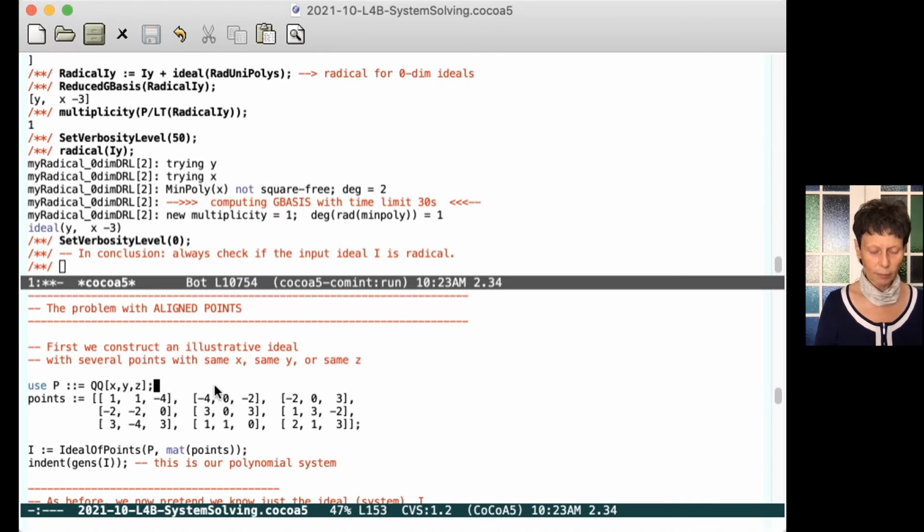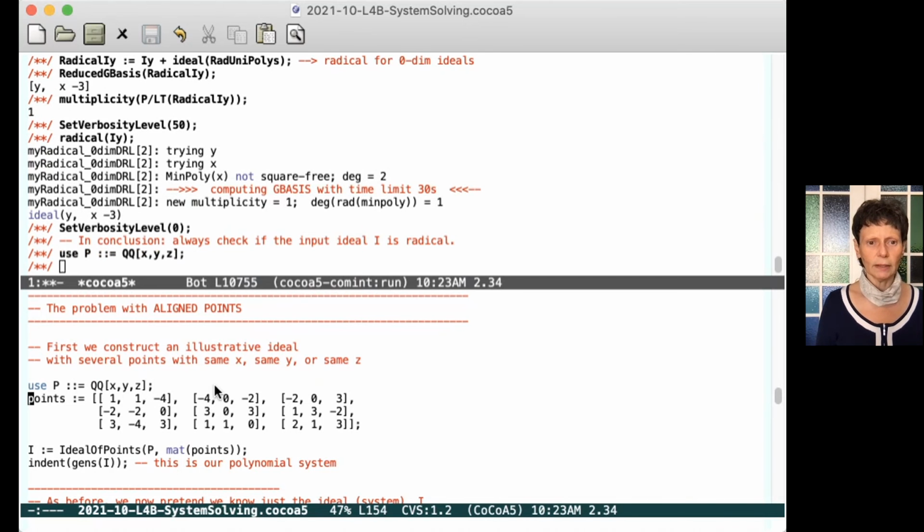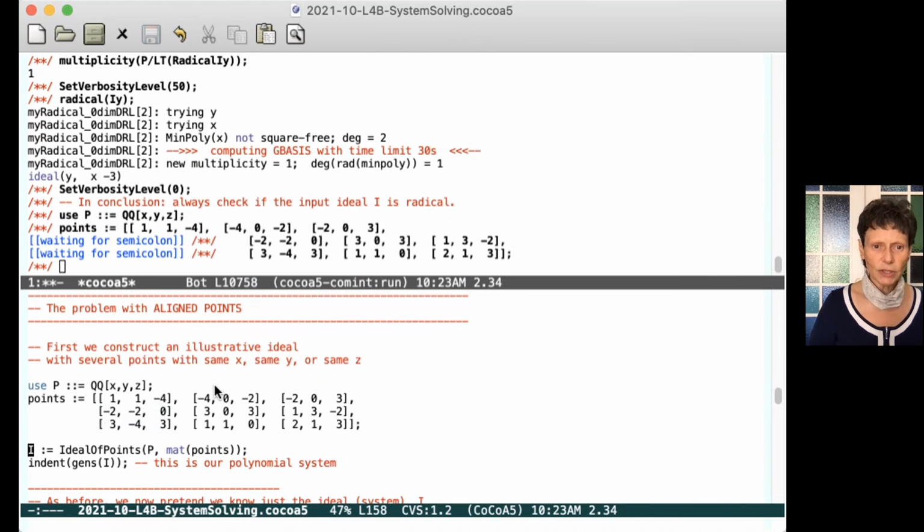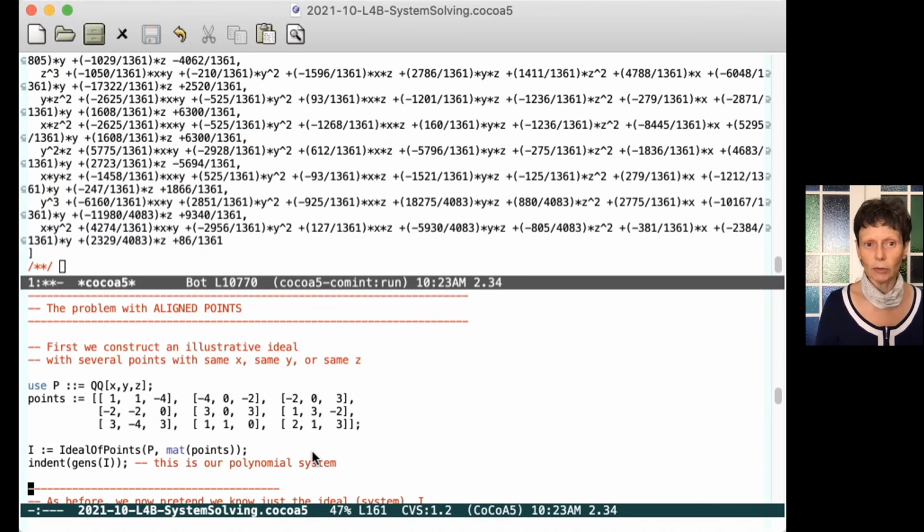Here it is. So I put 3 coordinates back in, and these are 9 points, and we see these 9 points. For example, we have 2 points with x equal to 3. We have these 2 points with y equal to 0, and we have these 2 points with z equal to 3. So what happens? We compute the ideal of points.